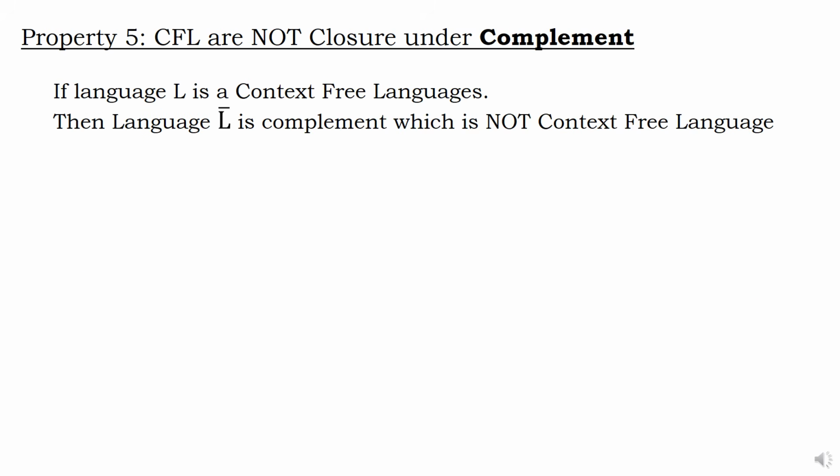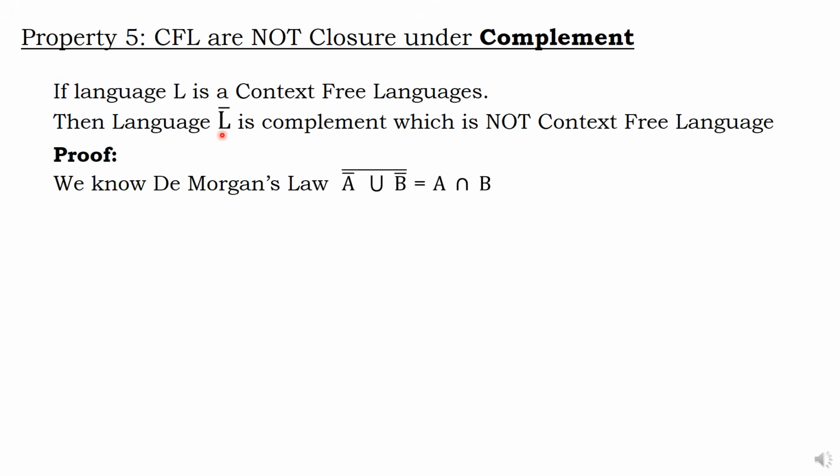The fifth property is not closure under complement. Come on, recall your fourth property: intersection is not closure. Now complement is not closure. If L is a language, L bar is called its complement. It is not allowed. Now I am going to prove this in a different way, using De Morgan's law. What does De Morgan's law say? If you take the bar of A intersection B, the common bar becomes individual bars, and the intersection becomes union: A bar union B bar.